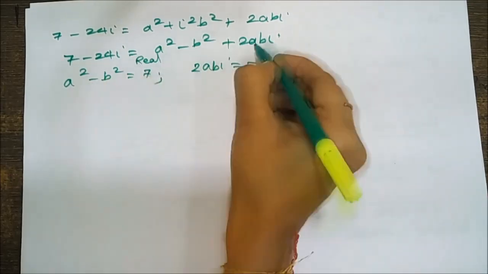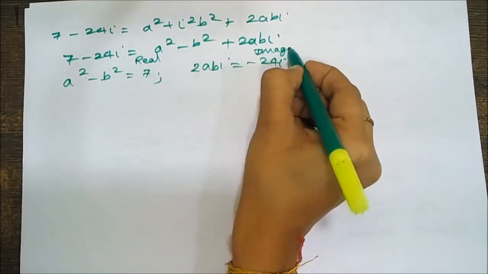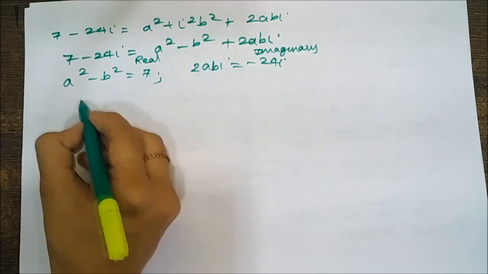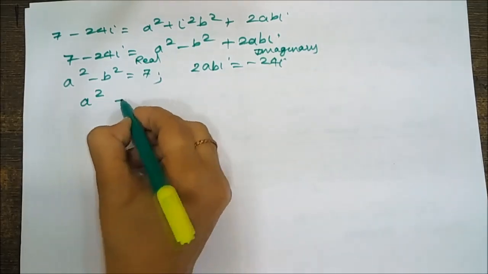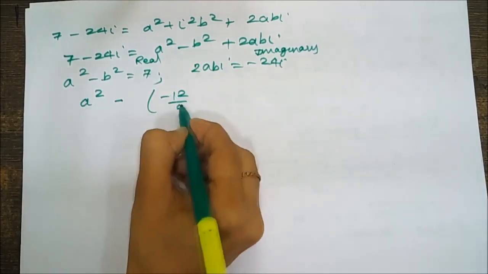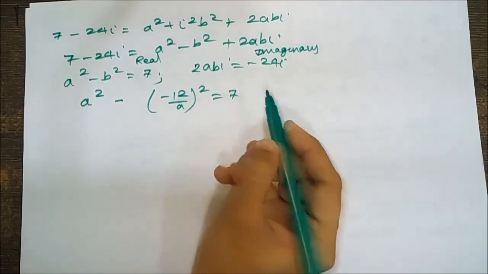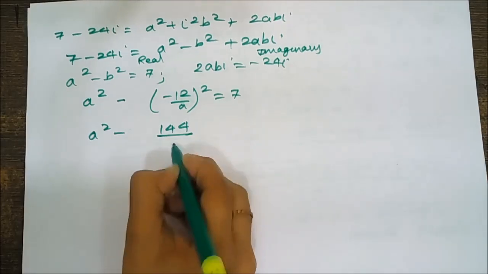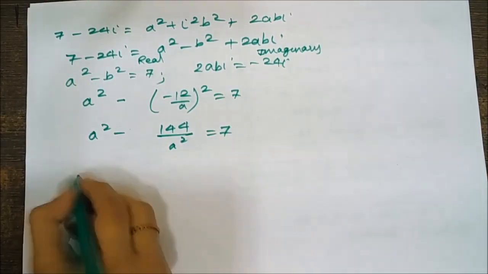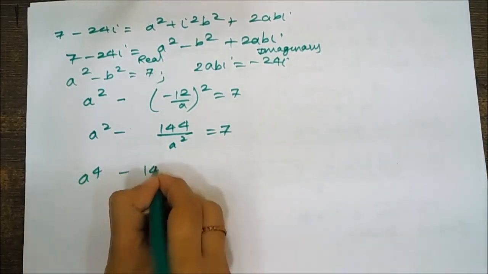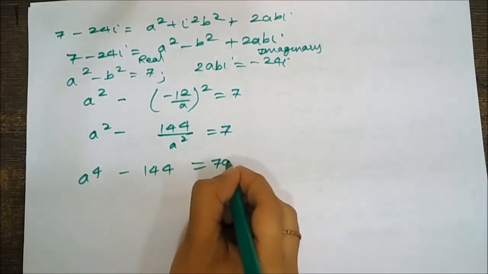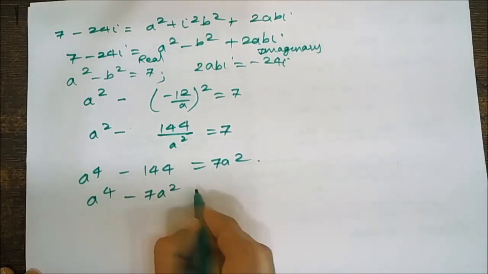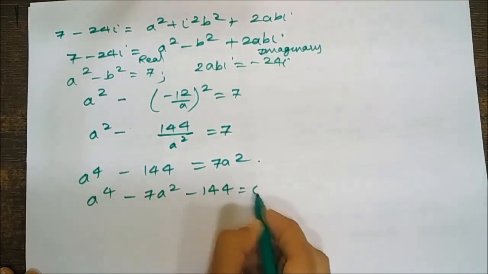So a square minus 144 upon a square is equal to 7. Taking LCM, a raised to 4 minus 144 is equal to 7a square. a raised to 4 minus 7a square minus 144 equal to 0.